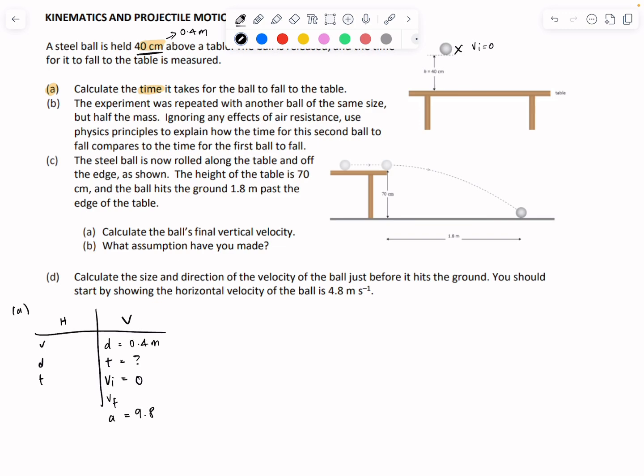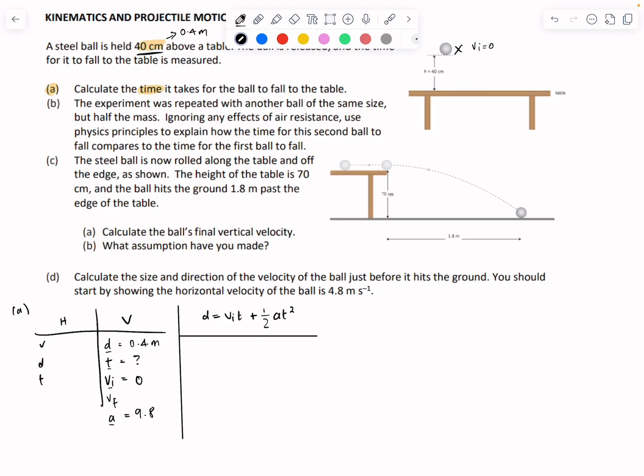Have a look at your resource sheet and pick out the equation which includes these values. I'm assuming you've gone ahead and done that. The equation that I'll be using is d equals v_i t plus half a t squared.